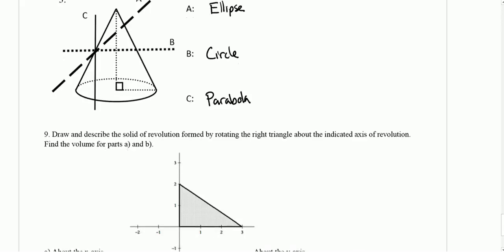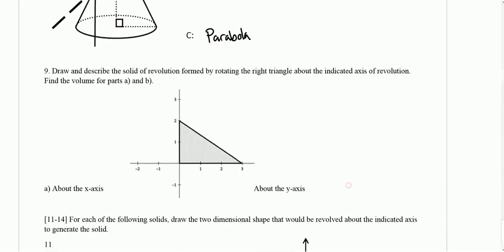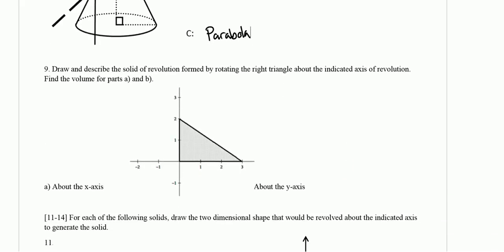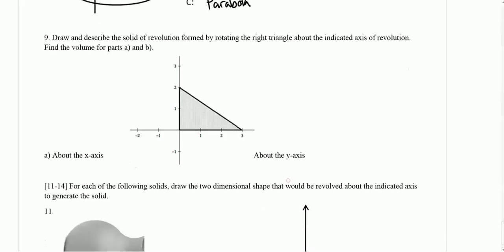Number 9, we're asked to draw and describe the solid of revolution formed by rotating the right triangle about the axis of revolution. Find the volume for parts A and B. For part A, we're going to revolve it around the x-axis. Here's the x-axis.